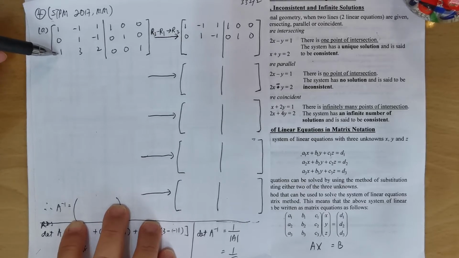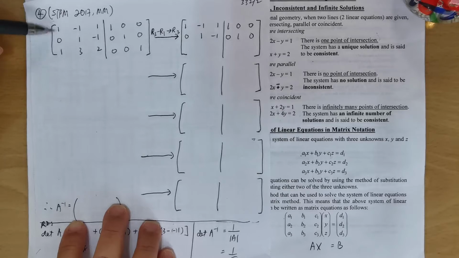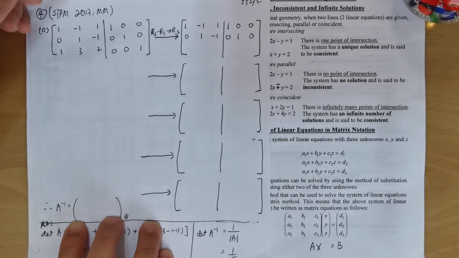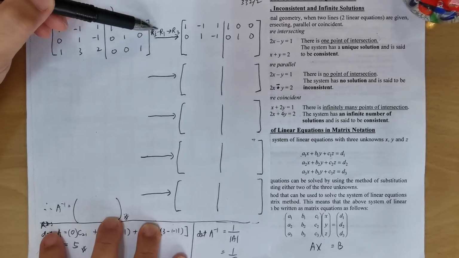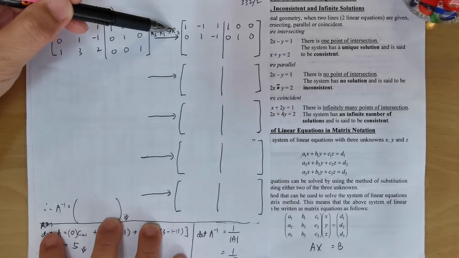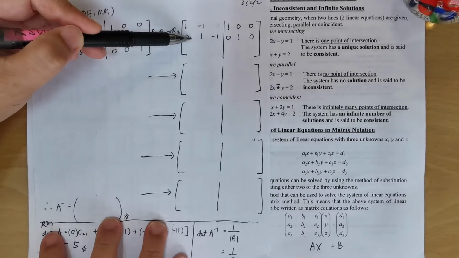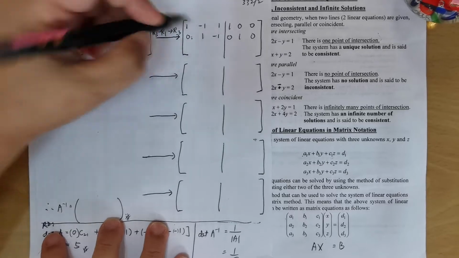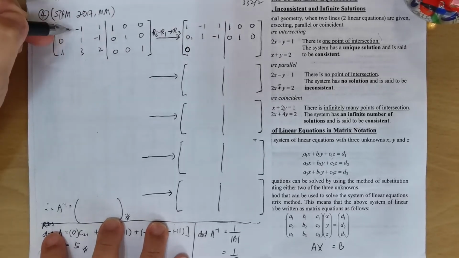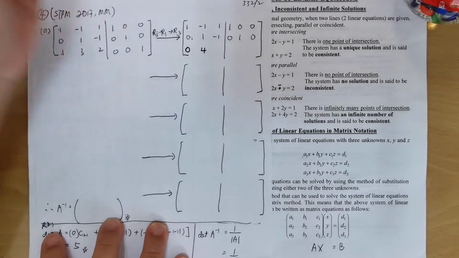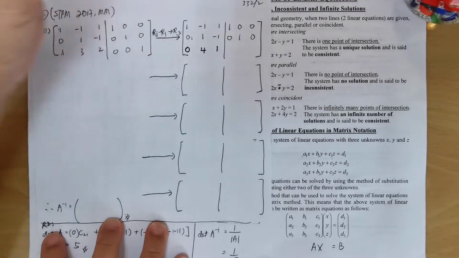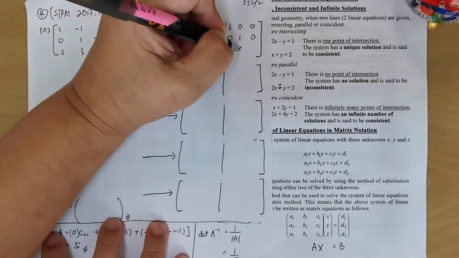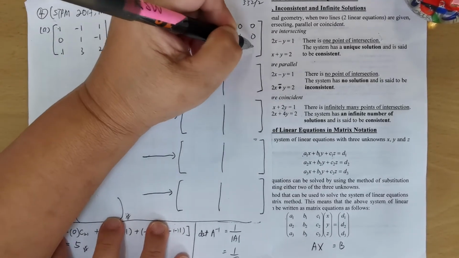This one I want to change to 0. To change to 0, I see that I can minus them. If I minus them, then it becomes 0 already. So I use R3 minus R1, become new R3. R1, R2 remain the same. So R3 minus R1: 1 minus 1, 0. 3 minus negative 1, 4. 2 minus 1, 1. 0 minus 1, negative 1. 0 minus 0, 1 minus 0.